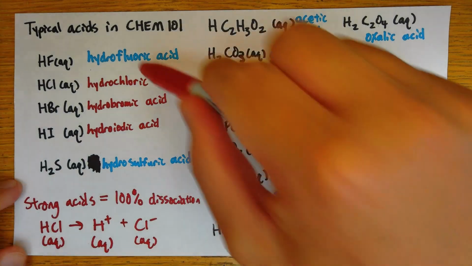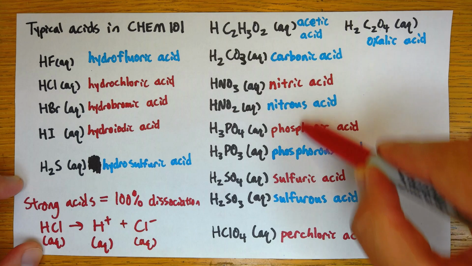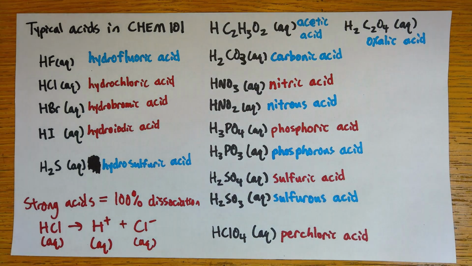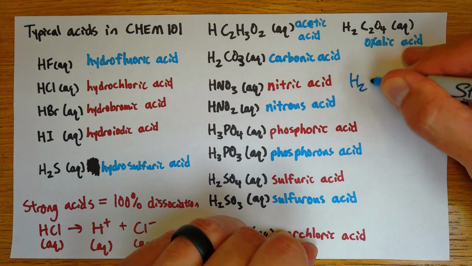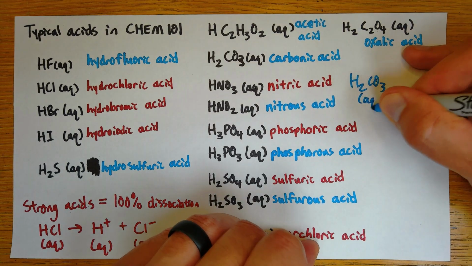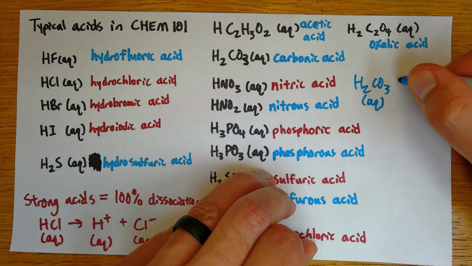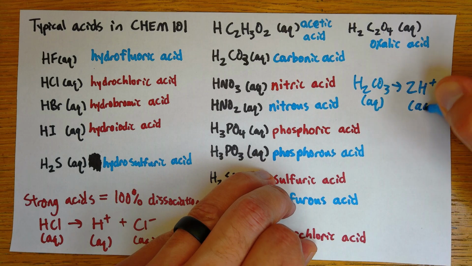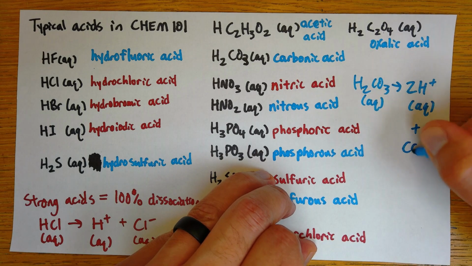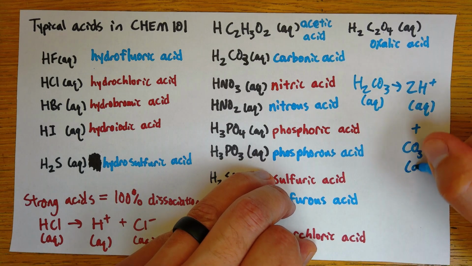Whereas these other acids in blue, they're called weak acids because when you dissolve them into water, there's very little to no dissociation. So a weaker acid, let's do, I don't know, carbonic acid. If we were to write the dissociation for carbonic acid, it would look like that.